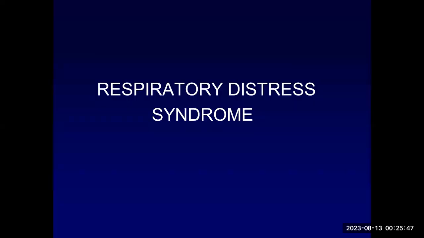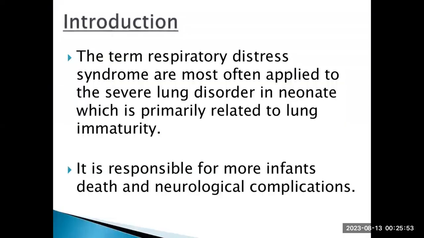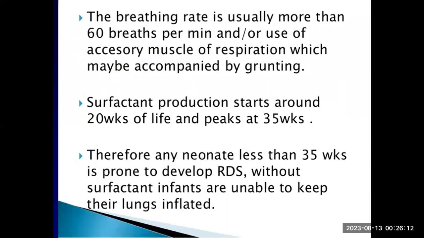Coming to respiratory distress syndrome, this is the important part of the lecture. The term respiratory distress syndrome is most often applied to the severe lung disorder in neonates, which is primarily related to lung immaturity. It is responsible for more infant deaths and neurological complications.